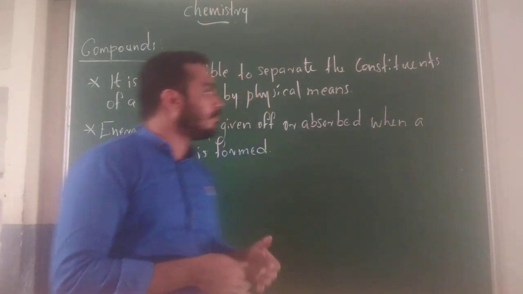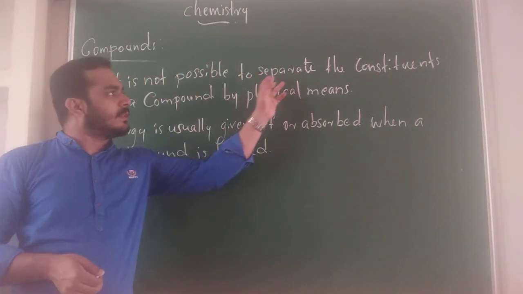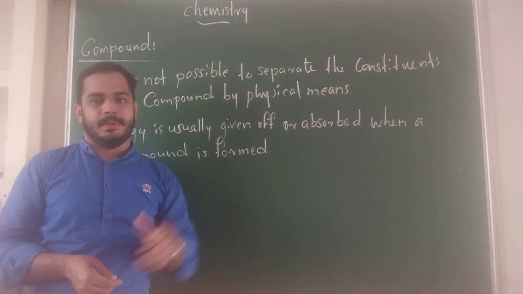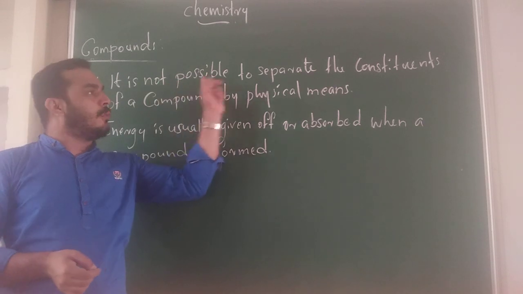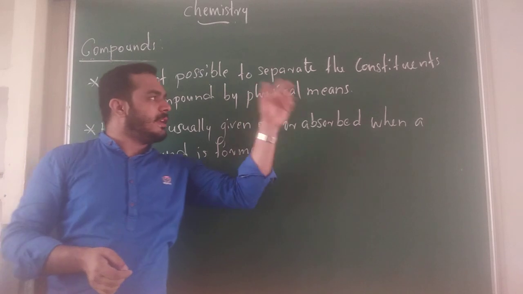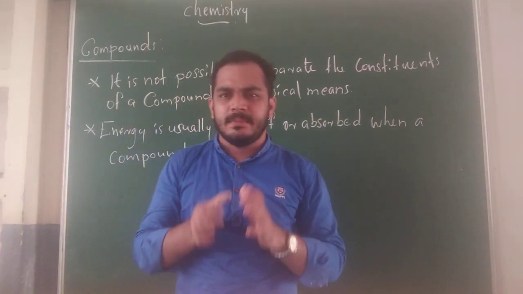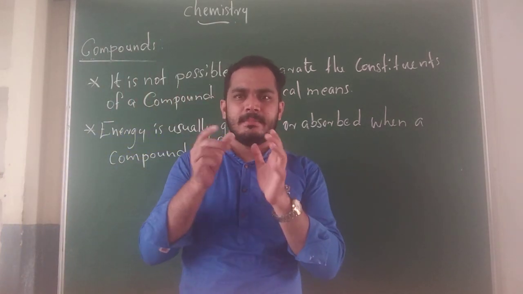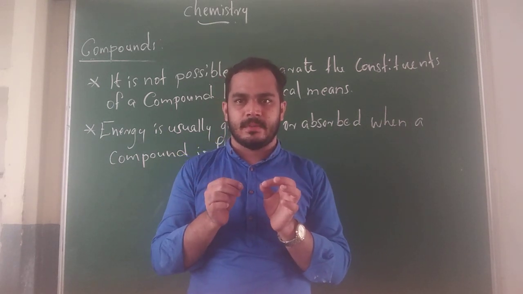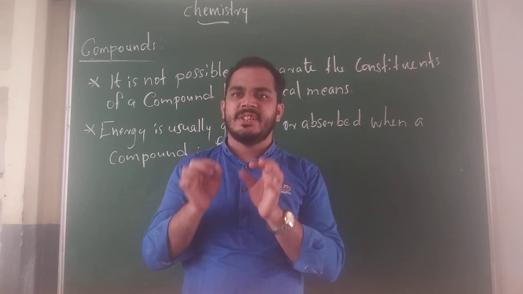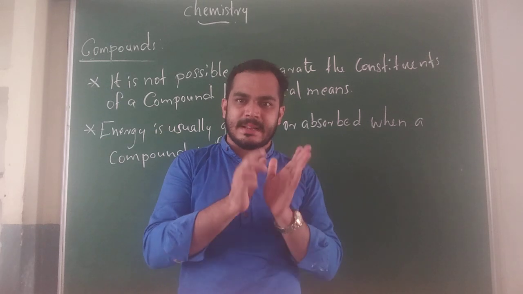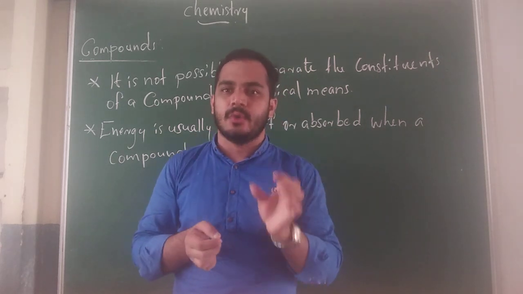And next character. It is not possible to separate the constituents of a compound by physical means. What is meant by this character? This character simply says the constituents. What is meant by constituents? The elements or parts present in the compound are called constituents.